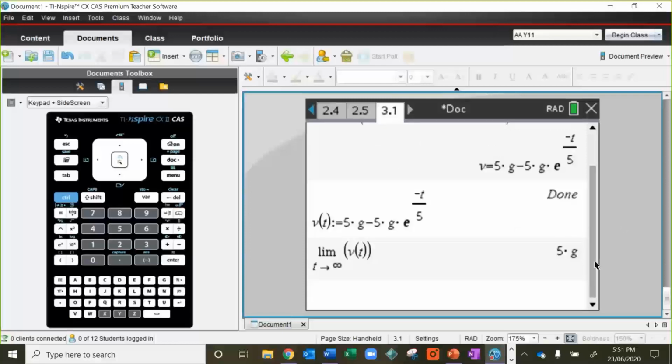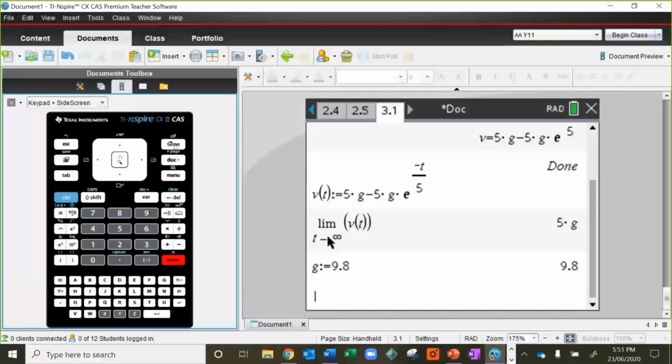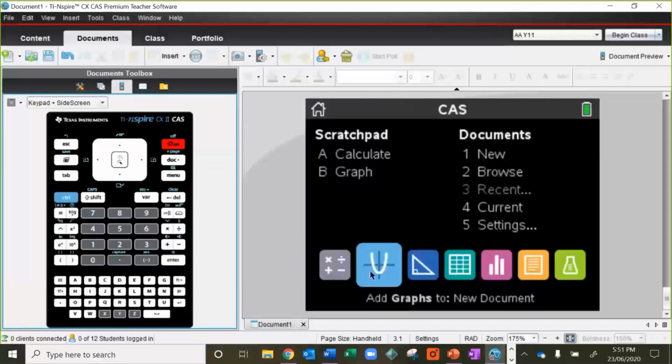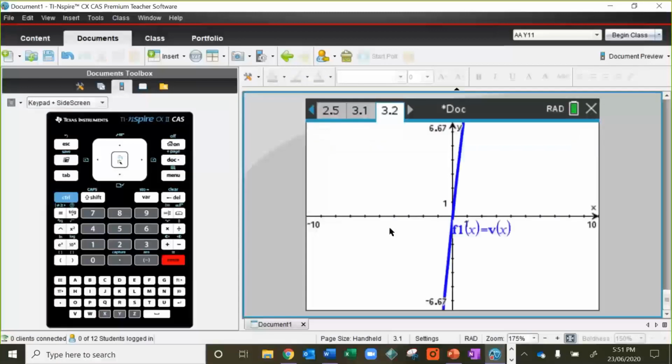So the calculator will do questions solving differential equations in terms of g and gives us the terminal velocity. Of course, if we want to see how the graph looks, we need to tell the calculator what value to take for g. So let's say we want g to be equal to 9.8. And when that's done, we can try to sketch v of x.